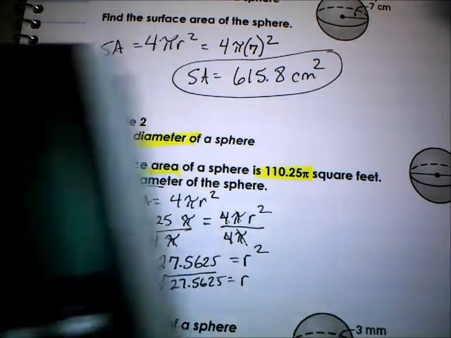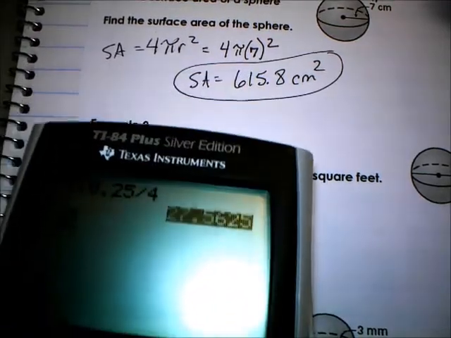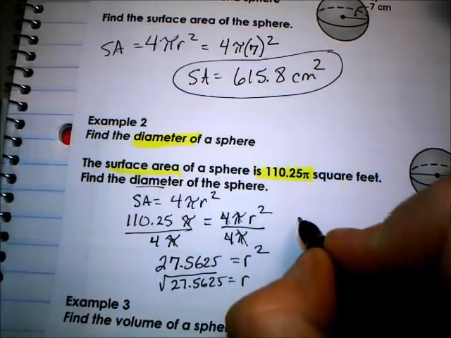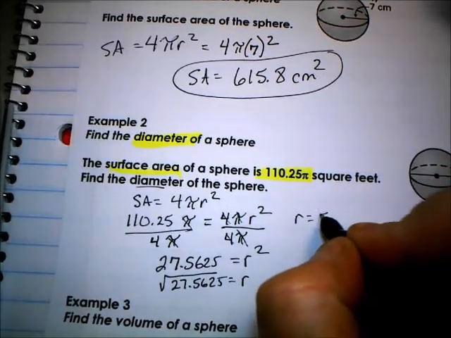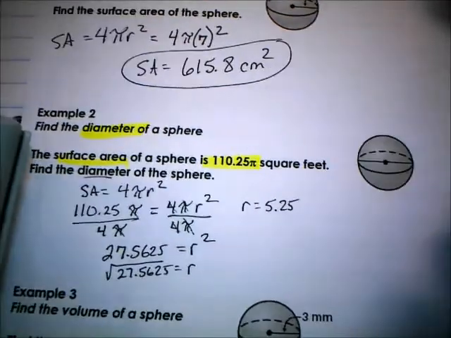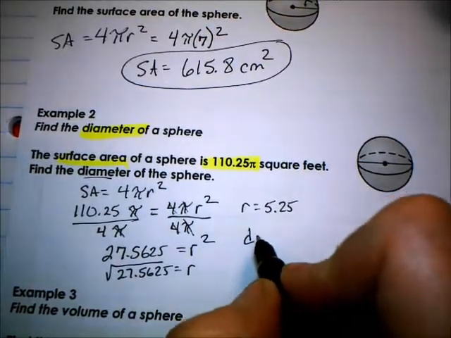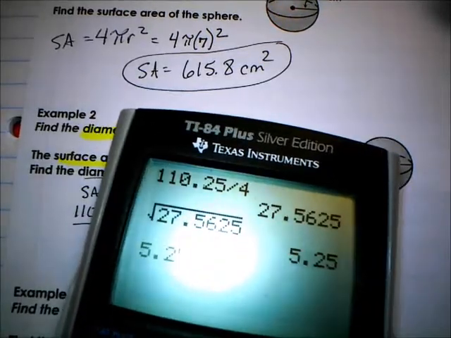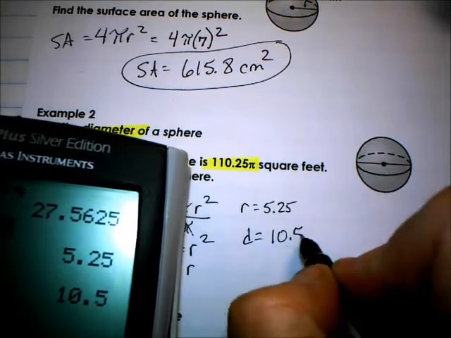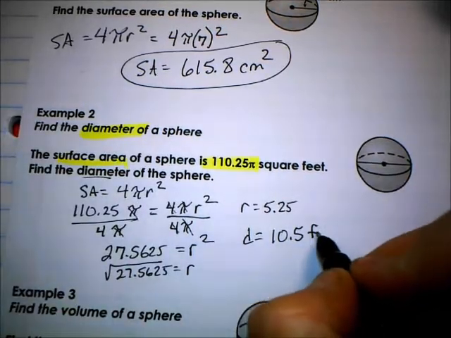If I put that in my calculator, it gives me 5.25 is my radius. And I know that radius is half of the sphere, so that means I just need to double this. I'm going to multiply it by 2 and see that my diameter is 10.5 feet.